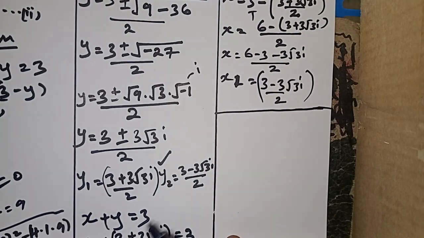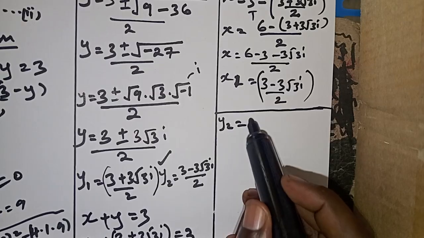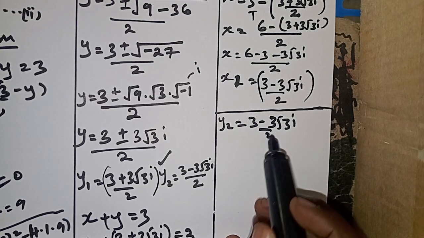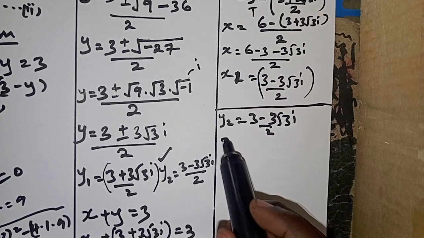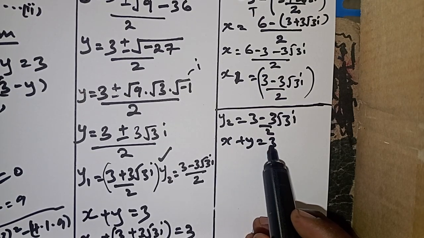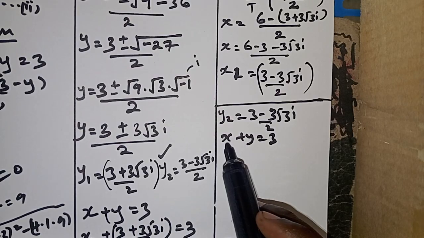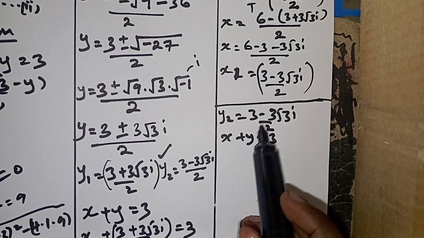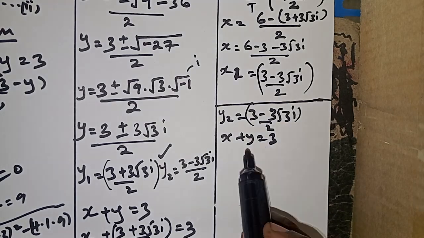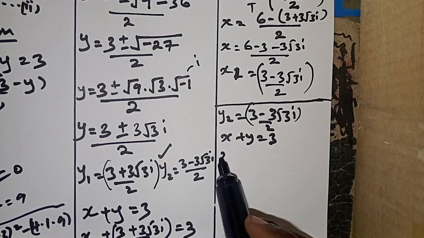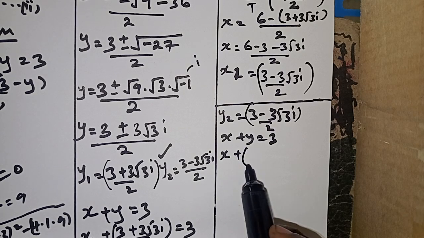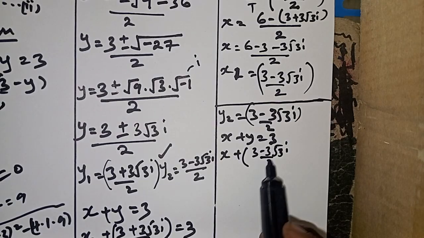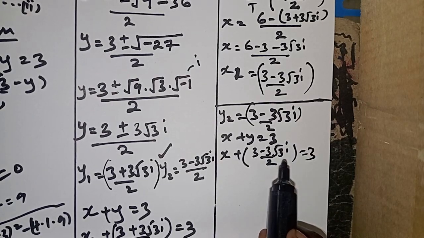Let's try for the second value. For y2 equal to 3 minus 3 root 3 i over 2, substituting in x plus y is equal to 3, wherever I have y, I shall substitute all of this, so that now my x plus (3 minus 3 root 3 i over 2) gives me 3.